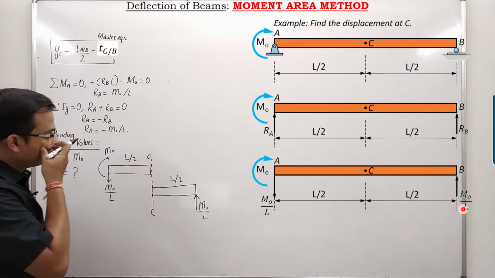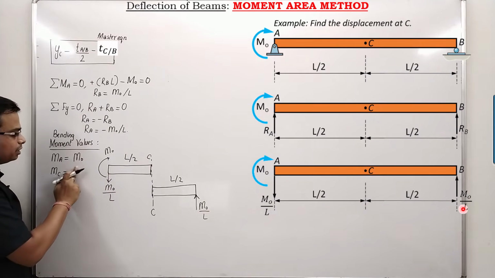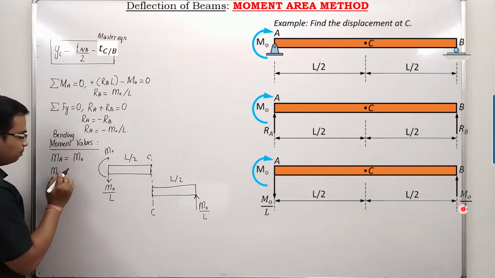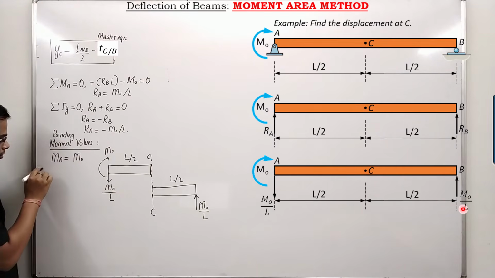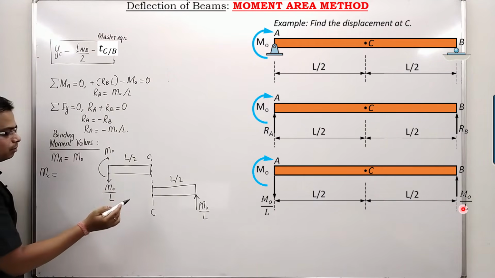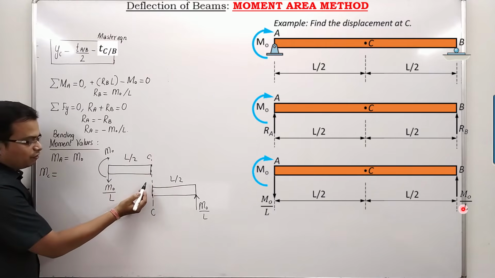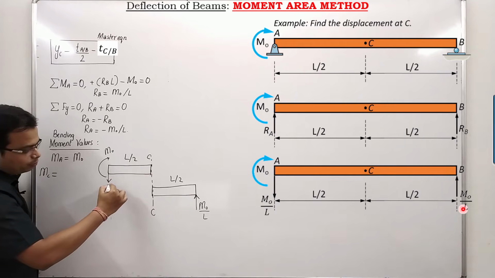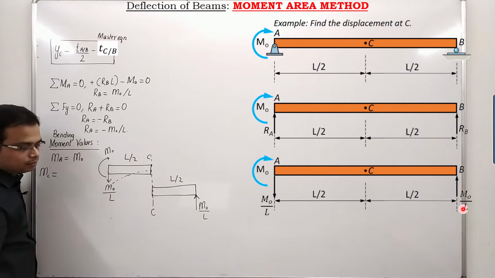So we are interested in calculating MC, right? If you consider the right portion of the beam, first of all, let us take the left portion. This force will try to bend the beam in this fashion, isn't it?